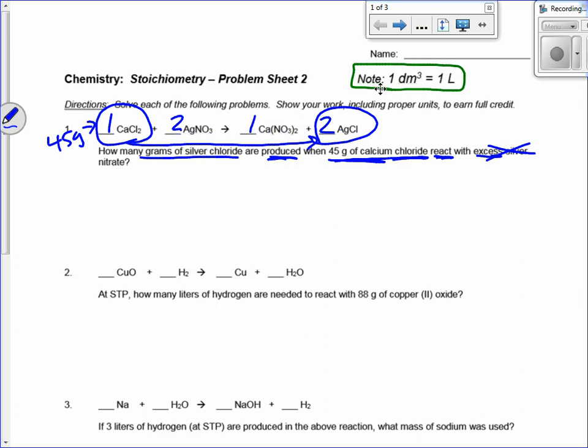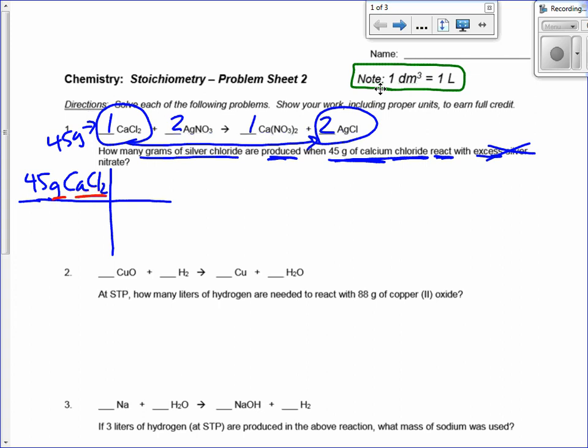So if I'm following my general T-chart setup, what goes in the upper left corner? The 45 grams of CaCl2. You need your unit, the gram, and you need your substance, which would be the calcium chloride. Make sure you keep those 2 things together, because we are going to switch substances as we work it to silver chloride.